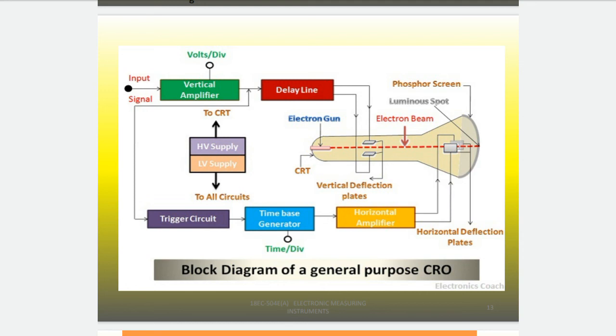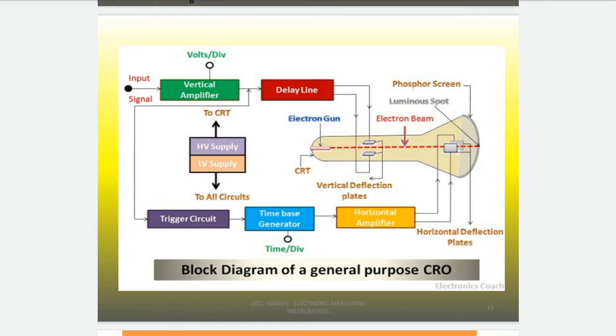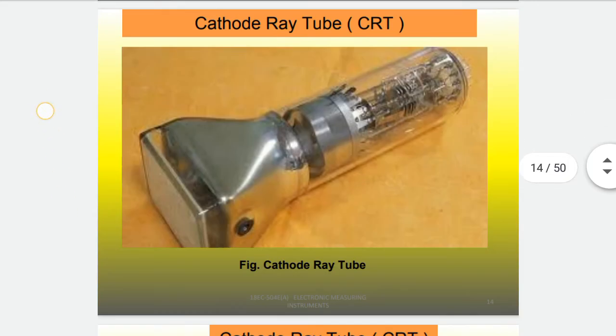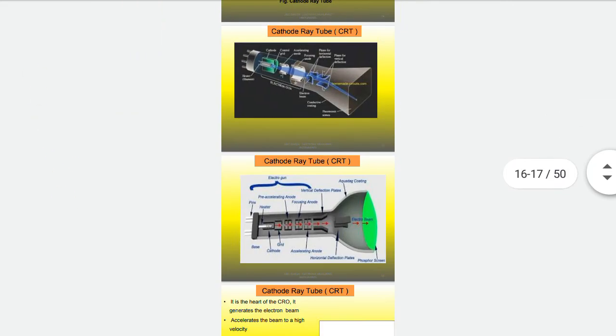The signal in the vertical section must be delayed by the same amount so that the signals at the horizontal and vertical deflection plates arrive at the same time and no part of the signal is lost. To ensure this, the delay line is used.